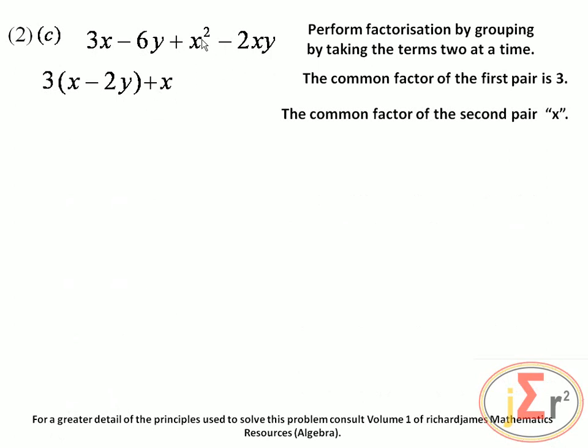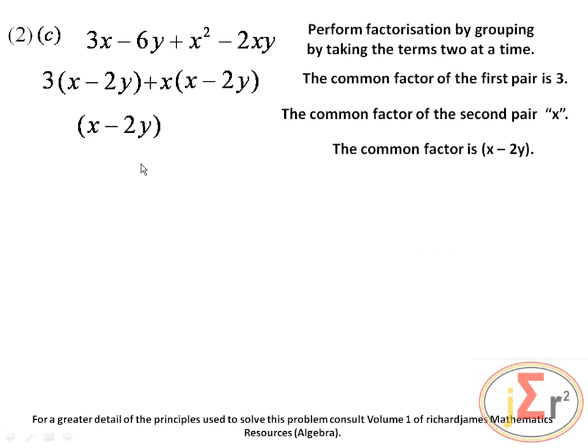So x into x squared is x, and x into minus 2xy, only the x will cancel, so we'll get 2y. So it is again x minus 2y. x minus 2y is the common factor, and the remaining terms will occupy the other bracket.